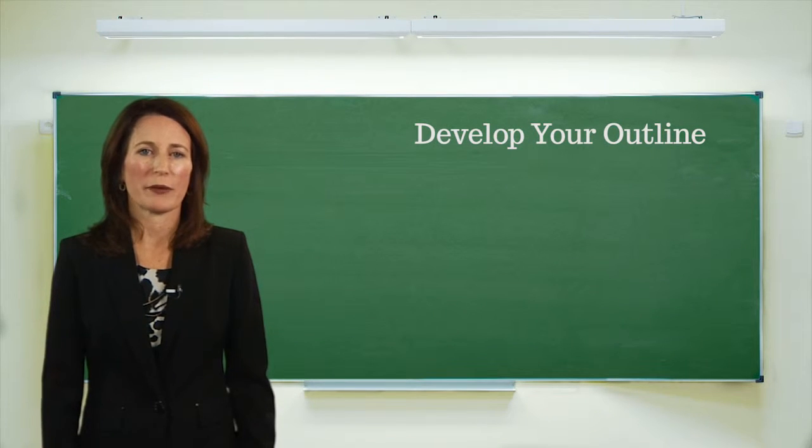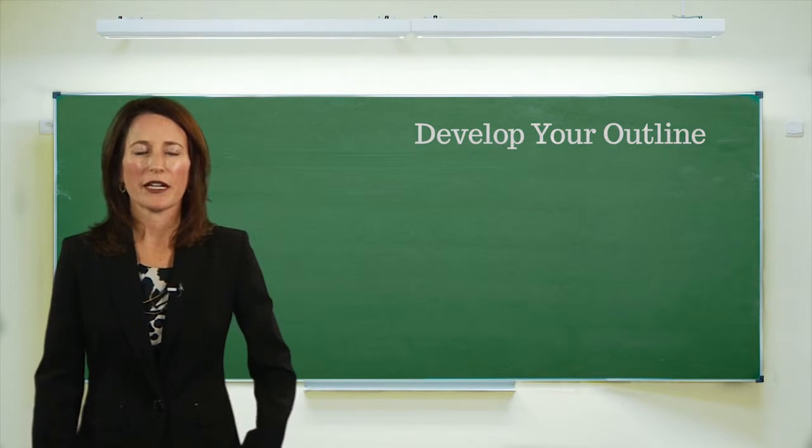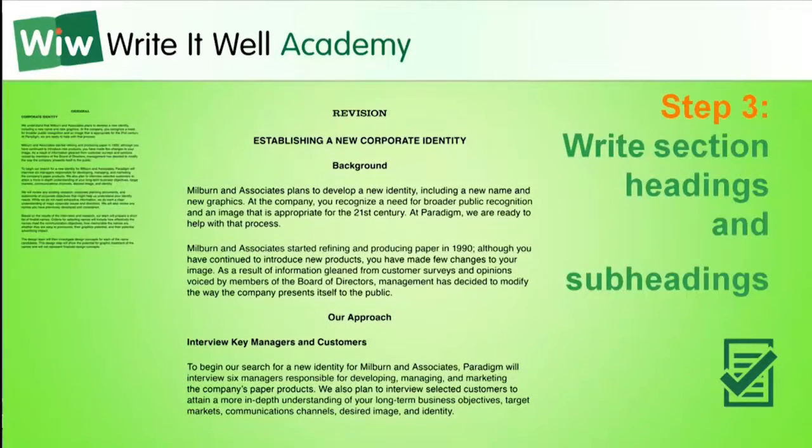Subheadings will make a very big difference. I think we all agree that this visually is much more inviting. So establishing a new corporate identity, we have a background section, and then we have a section with our approach and a subheading there, interview key managers and customers. Subheadings are a great way to break up your content.